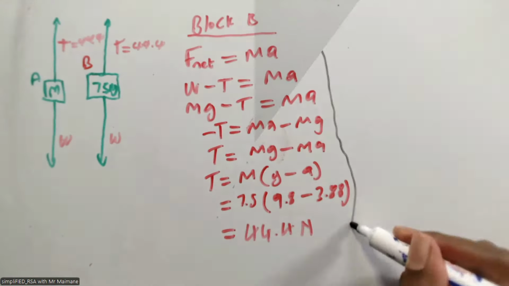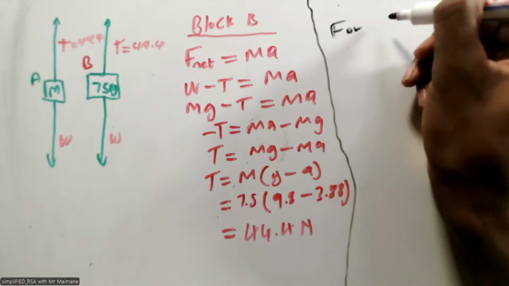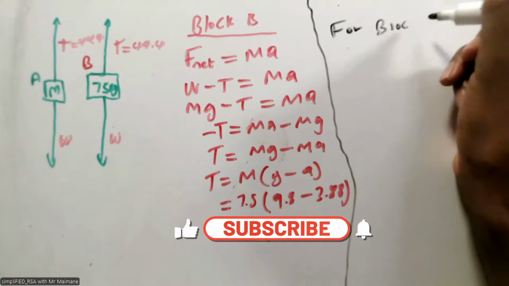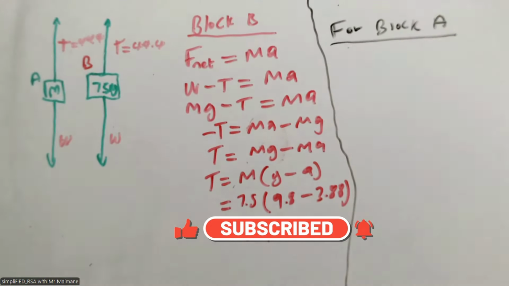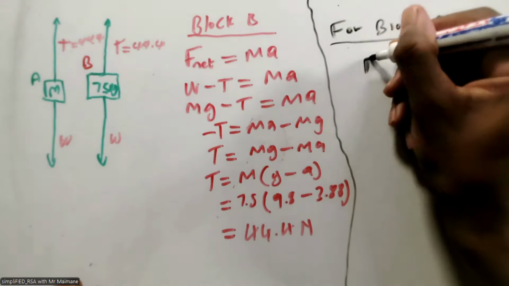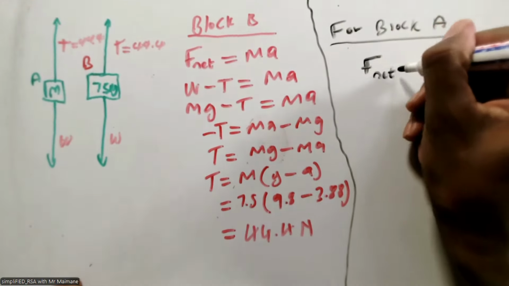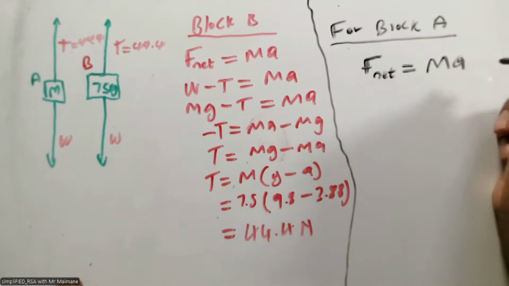Now for block A, I know that again, F net is equal to ma.